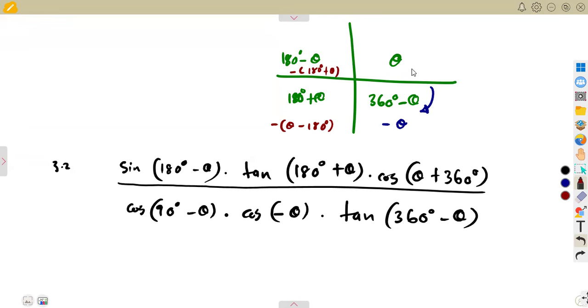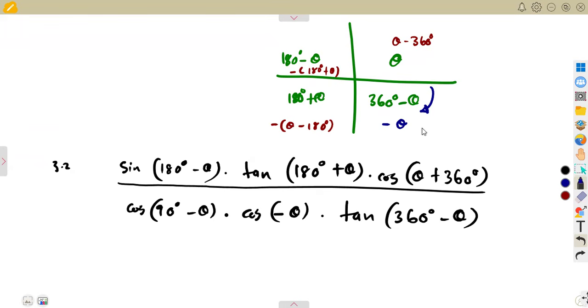Instead of having 360 degrees minus theta, you're going to have theta minus 360 degrees. These are negative angles. So the concept is, do you understand? So just go through that video again, on trigonometry.